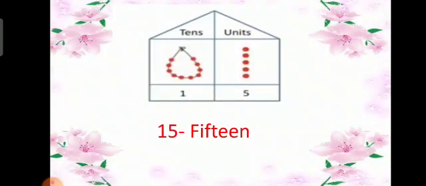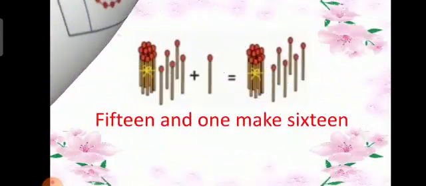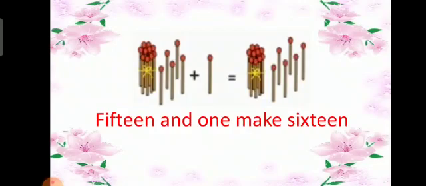Houses of tens and units, we are going to draw one string and 5 single beads. One string and 5 single beads together make 15. The spelling of 15 is FIFTEEN. 15.